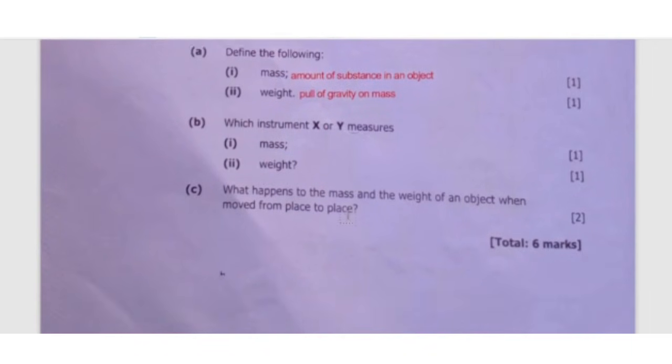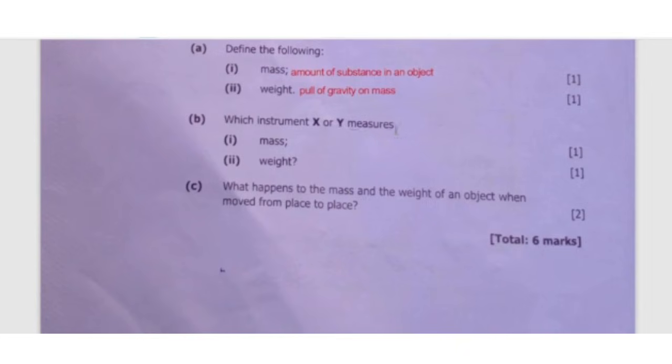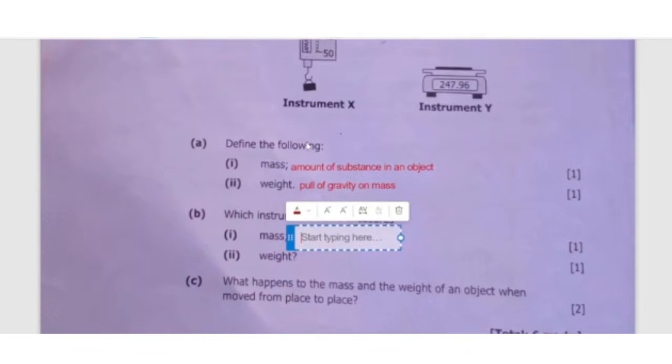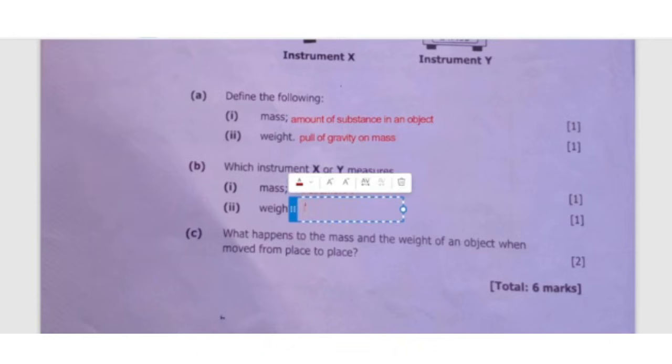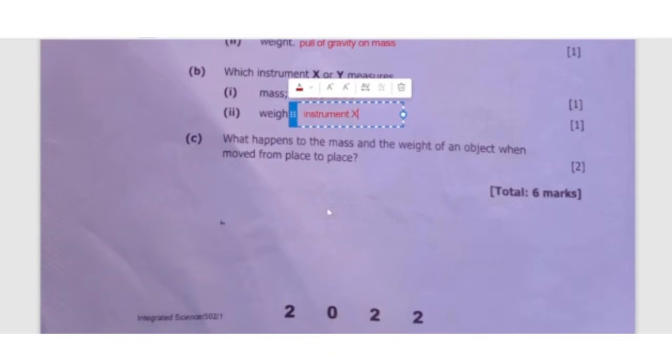So we go to question number 5b, which is: which instrument, X or Y, measures mass? Okay, mass is measured by instrument Y. So we're going to say instrument Y will measure mass, and instrument X will measure weight.